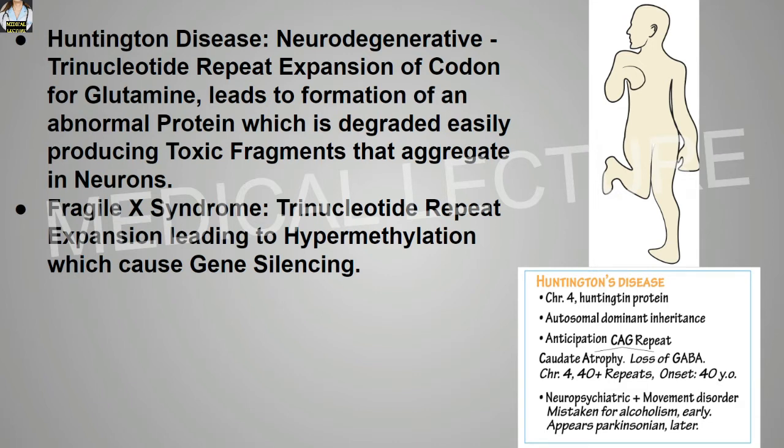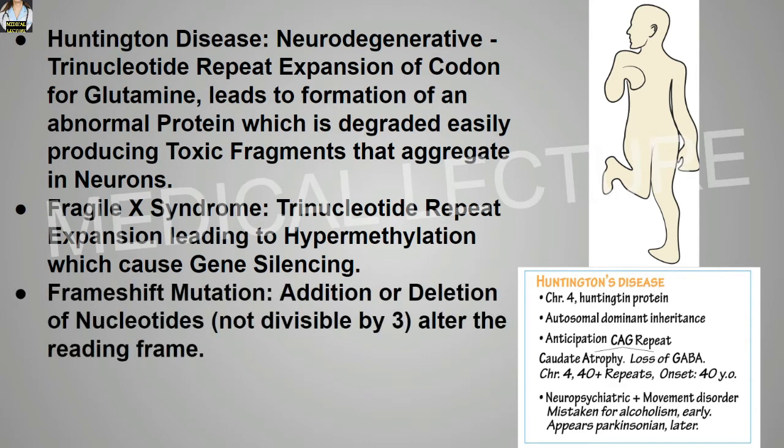Most commonly, an increase in the number of CGG trinucleotide repeats in the 5' untranslated region of FMR1 occurs, causing Fragile X syndrome. So just remember, the main trinucleotide repeat in Fragile X syndrome is the CGG trinucleotide at the FMR1 gene, causing the mutation.